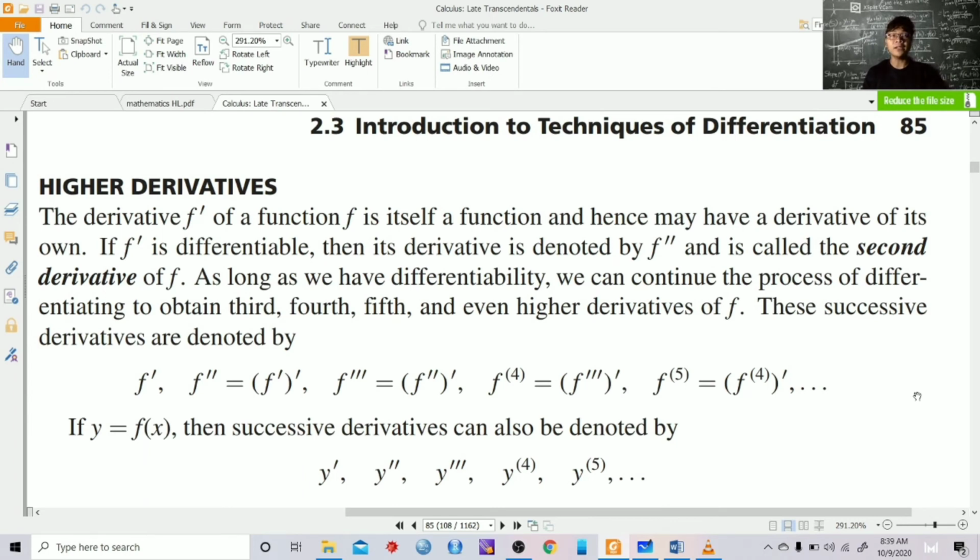These successive derivatives are denoted by these symbols. So f prime means the first derivative, f double prime is the second derivative. We get the second derivative by differentiating the first derivative. For the third derivative, we differentiate the second derivative. For the fourth derivative, we differentiate the third derivative. And for the fifth derivative, we differentiate the fourth derivative. If y is equal to f of x, then successive derivatives can also be denoted by these symbols.